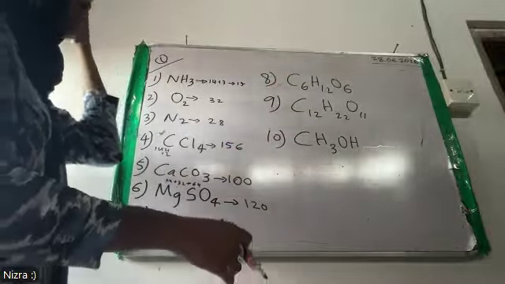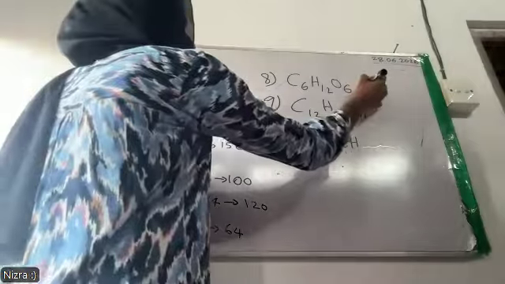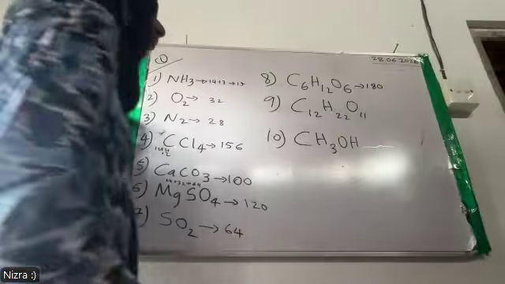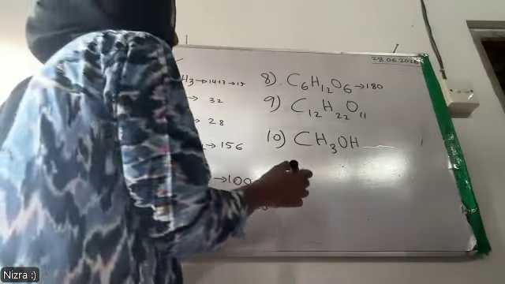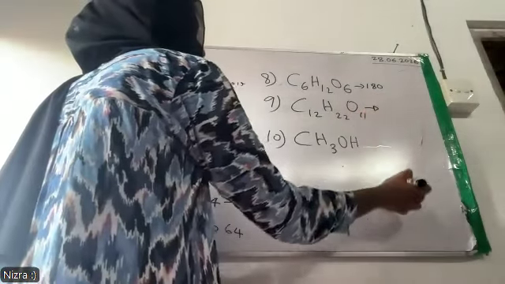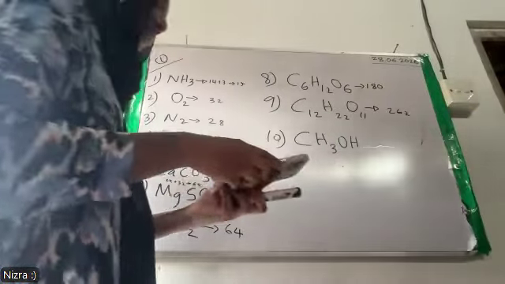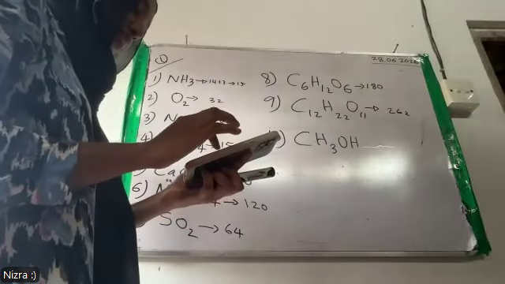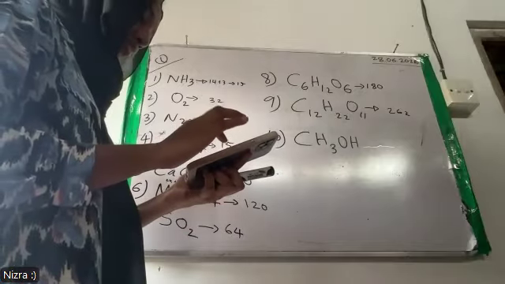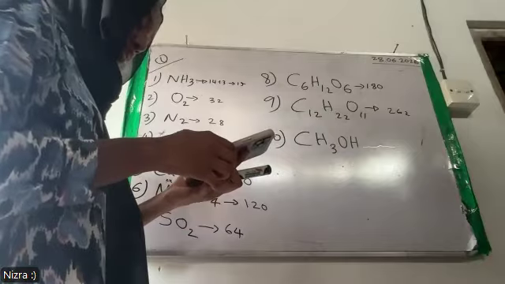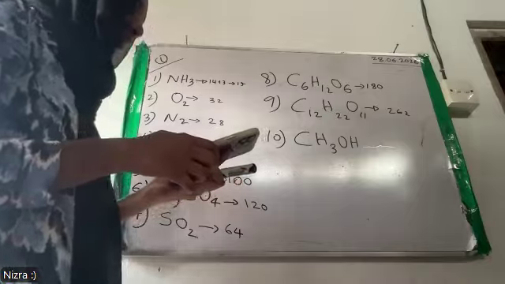Okay. Glucose, I think you should get 180. Yes. Okay. Next one. How much did you get? 162. Check that. 340.